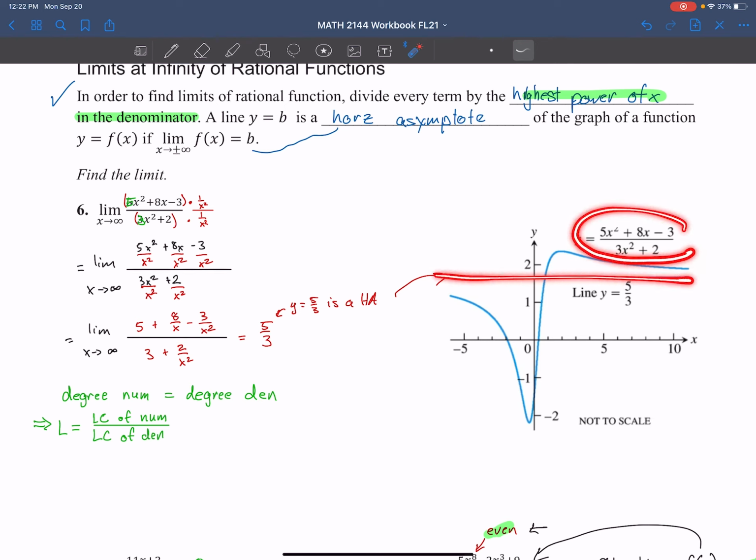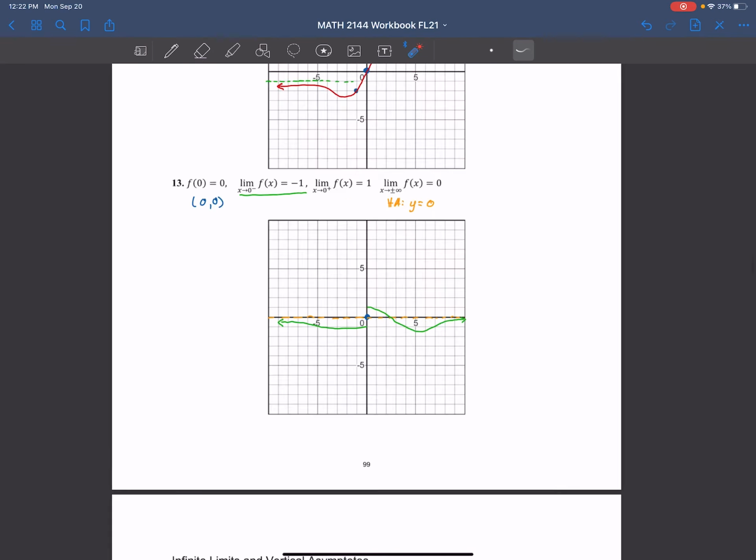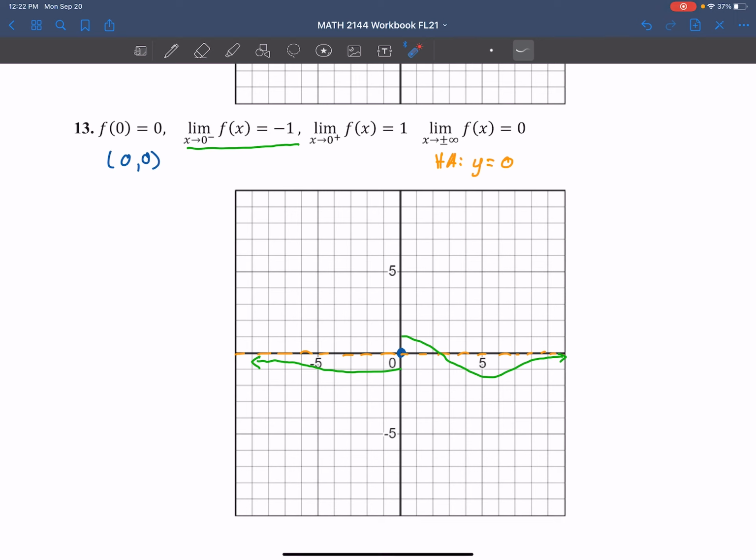You see you have a horizontal asymptote. It crosses through that, but it comes down and approaches it. So one thing I just wanted to call out when it comes to asymptotes is that it's okay for a graph to cross through a horizontal asymptote because horizontal asymptotes describe behavior at infinity. So this is okay. Any questions so far? There's one other mistake that I've made.